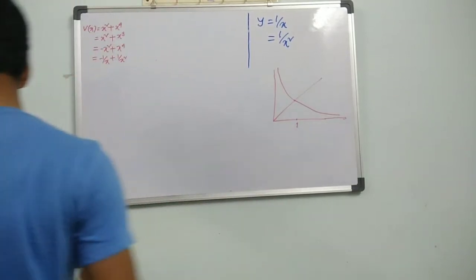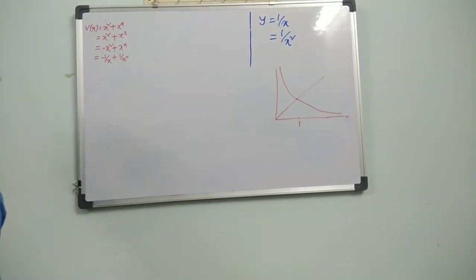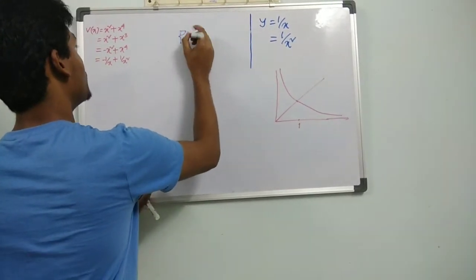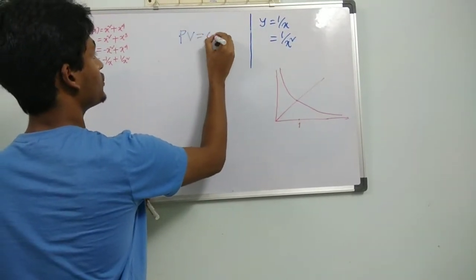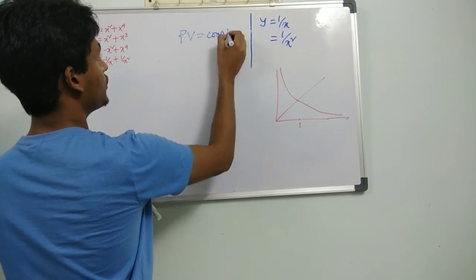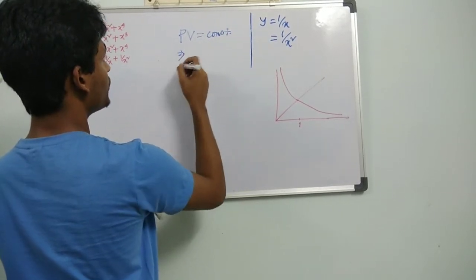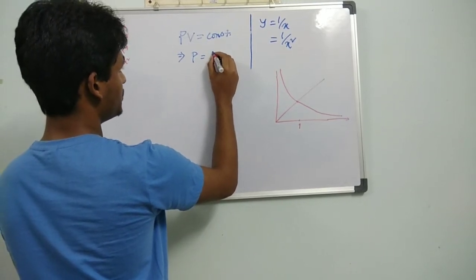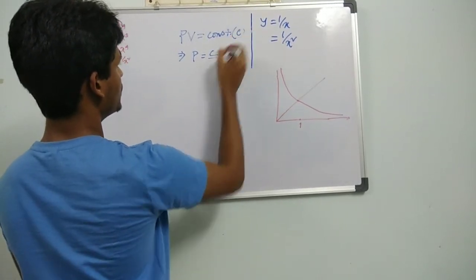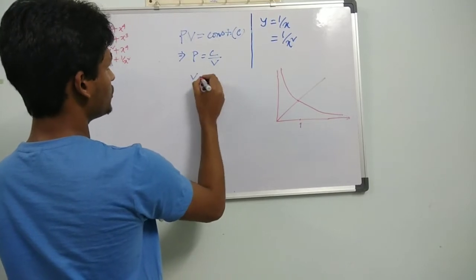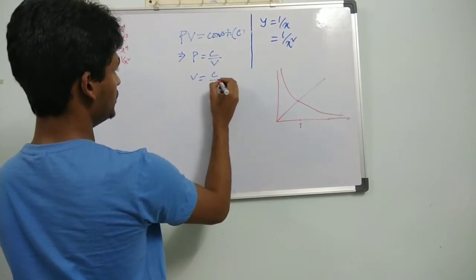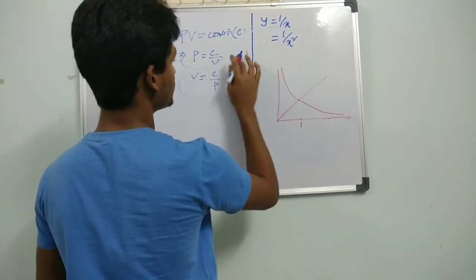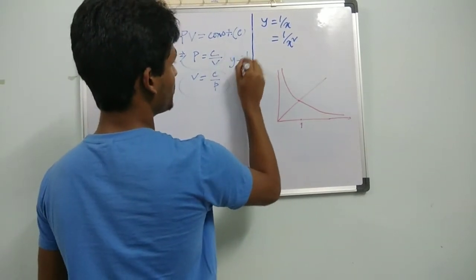So let me take one very known function you already know. That is PV equals constant. Okay, PV equals constant. So if you want to draw P versus V, that means P equals C by V, or you want to draw V versus P. In both cases, this is like the y equals 1 by x plot.